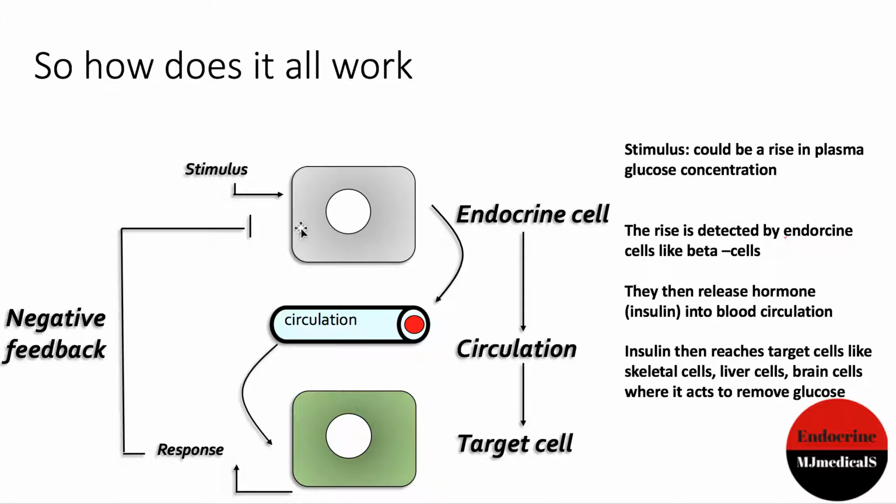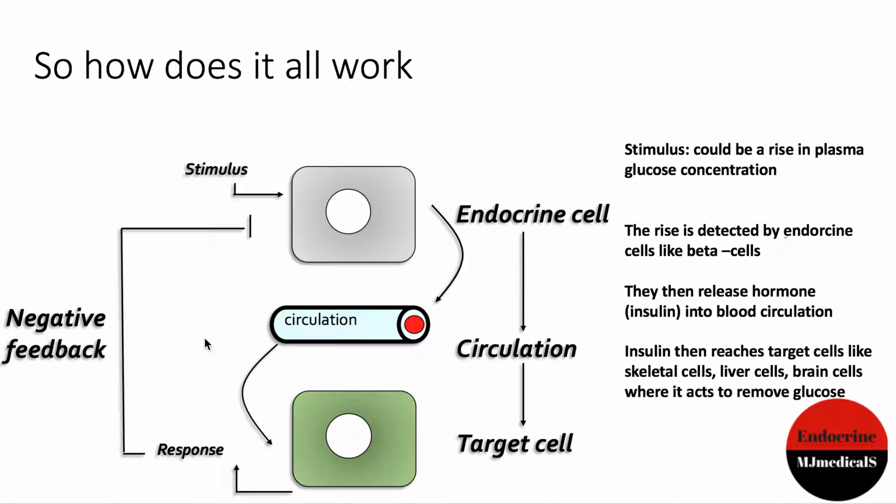Now the beta cell detects an increase in plasma concentration, therefore it releases a soluble messenger, which is known as a hormone. In this case, we all know this very well, and this hormone is known as insulin. Once insulin is blood-bound, so it gets into the blood circulation, it travels through the blood circulation and it reaches target cells. Insulin then reaches target cells like skeletal cells, liver cells, brain cells, which act to remove glucose.